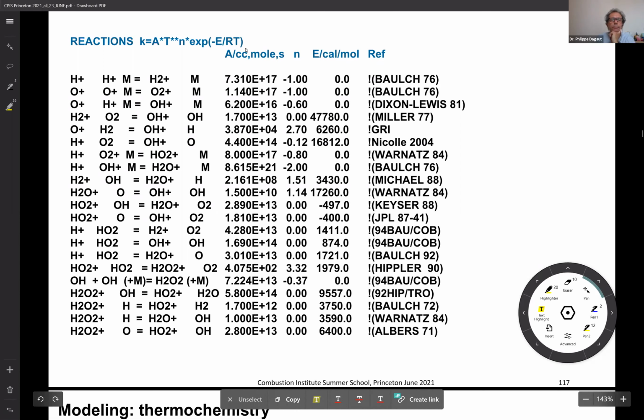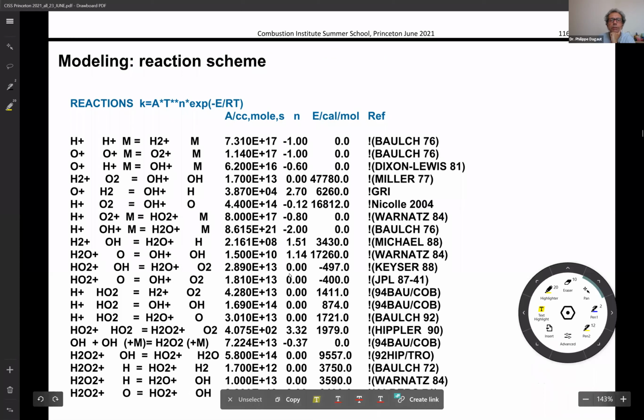Then here we have the pre-exponential factor in the Arrhenius equation, then the exponent of T and the activation energy. And then we can put some comments. So these are the common reactions used for the core mechanism, hydrogen oxidation.